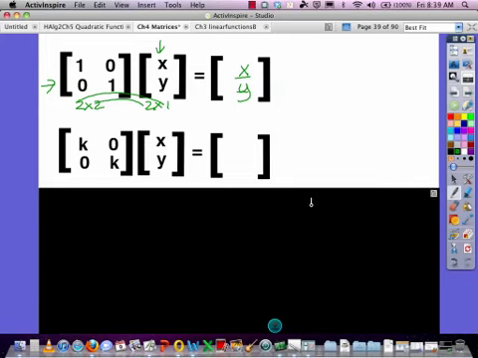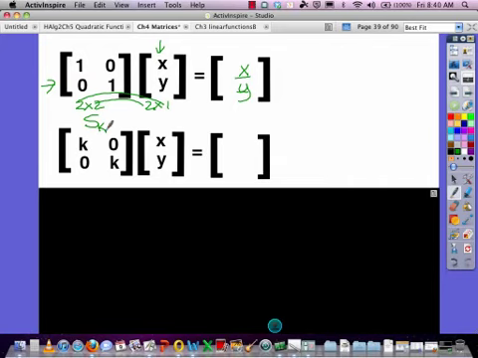Now, let's take the k, 0, 0, k matrix, which you should know as our size change matrix, and multiply it by any point. So what happens to any point if we take it through a size change of k?